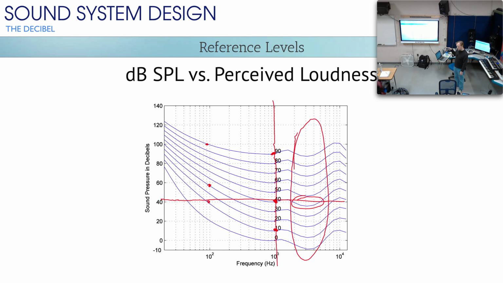Our sensitivity to various frequencies changes according to frequency, and it also changes according to loudness. So the frequency response of our hearing flattens out as the sound gets louder and gets dramatically more uneven as the sound gets quieter.